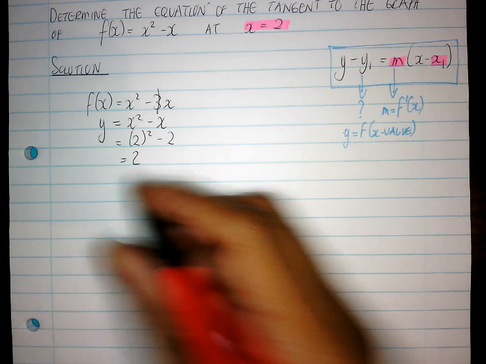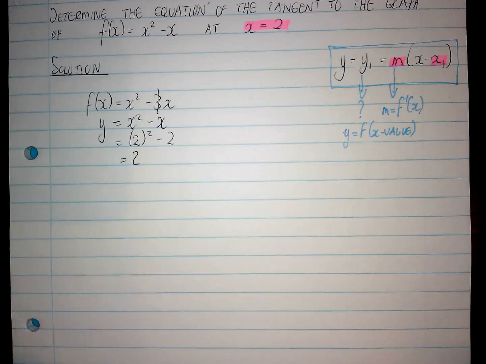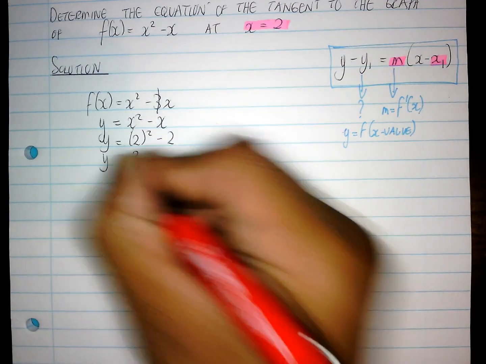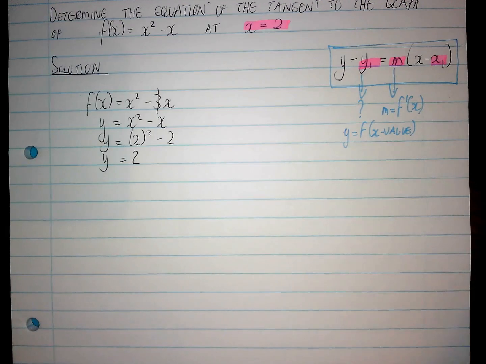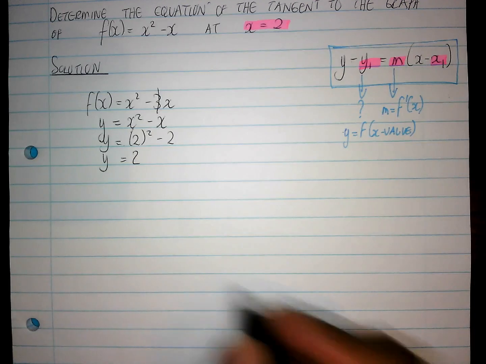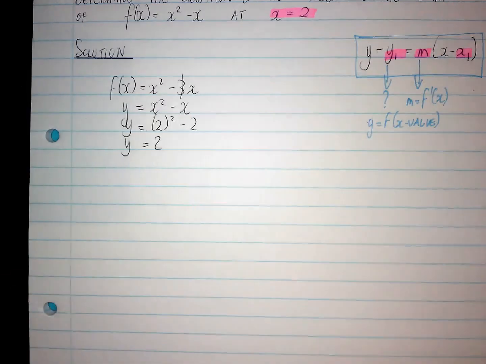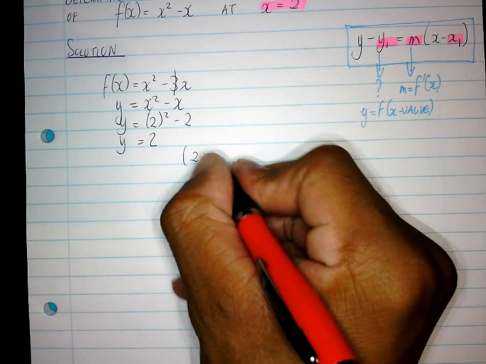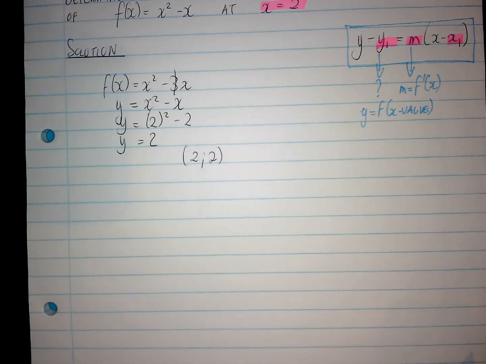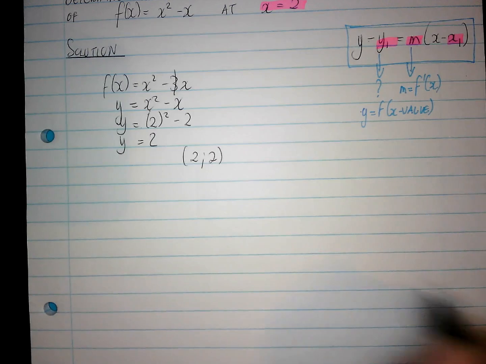Now that we have our y value, which is 2, we are sorted. We have our x1, y1, but now we just have to determine the gradient of the tangent. So the coordinates here are (2, 2).